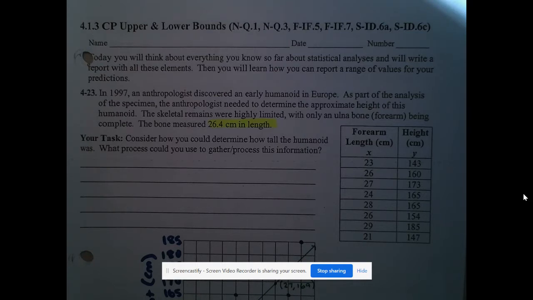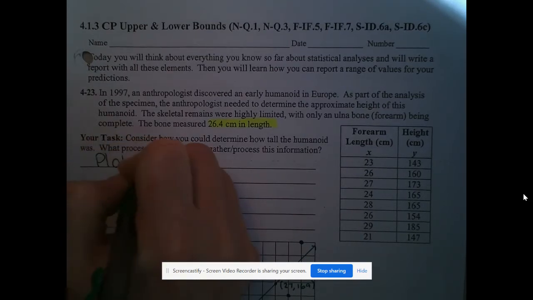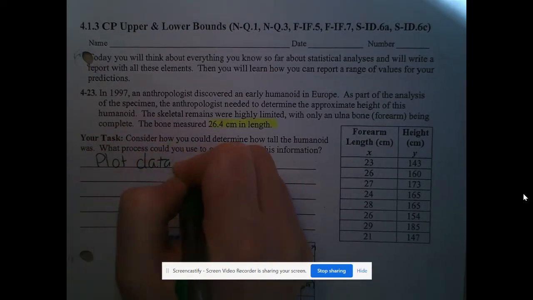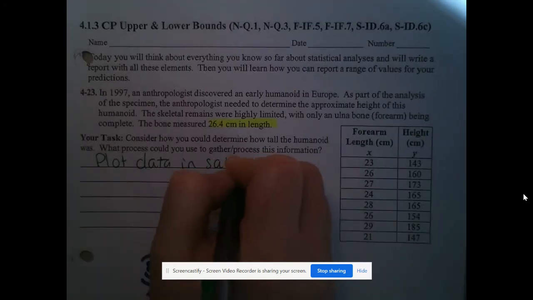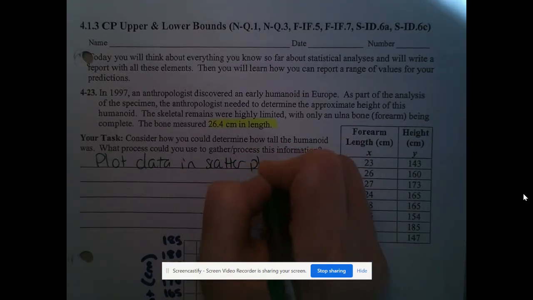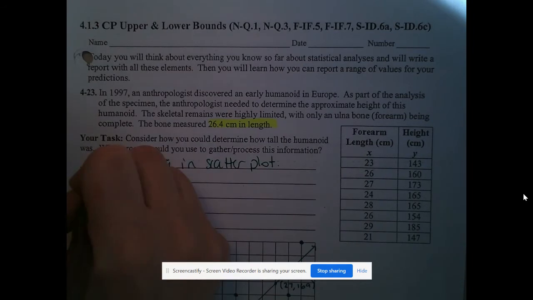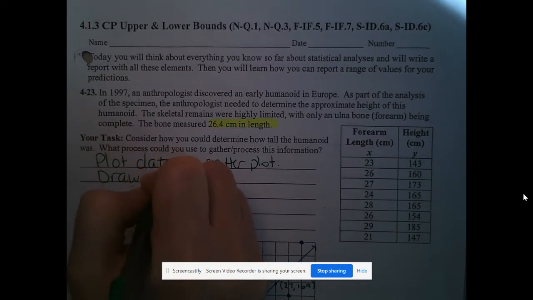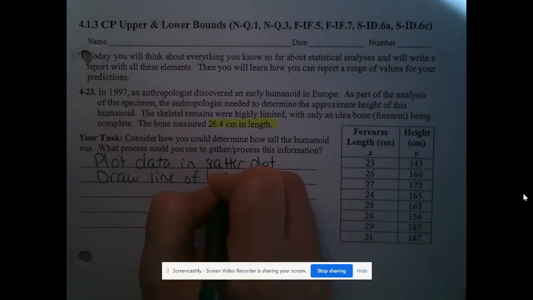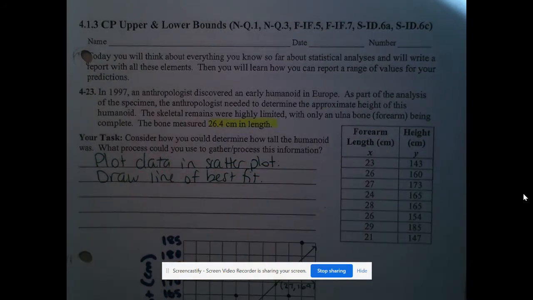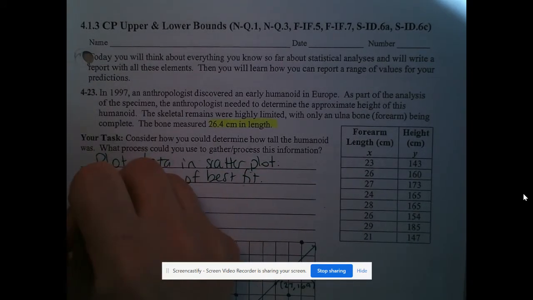So things we would need to do, we would want to plot the data in a scatter plot. We would want to draw a line of best fit. We'd want to write the equation for that line of best fit.